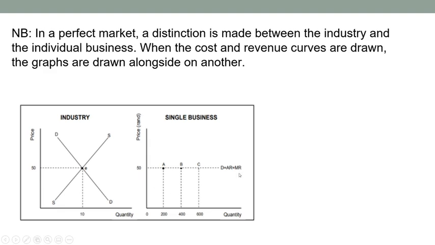And then your single business has a horizontal demand curve, right? Not a normal demand curve. And as we heard earlier on in part 1, when the demand curve is horizontal, that curve is said to be perfectly elastic.